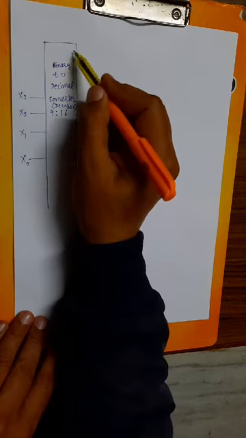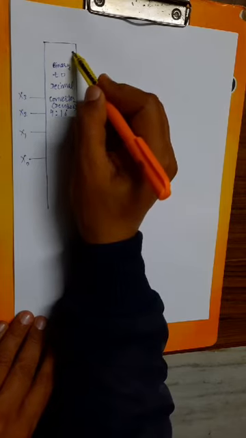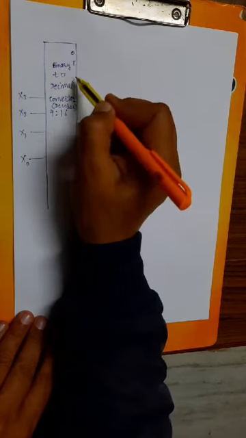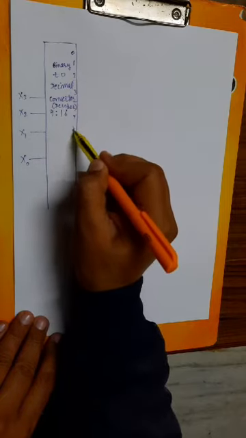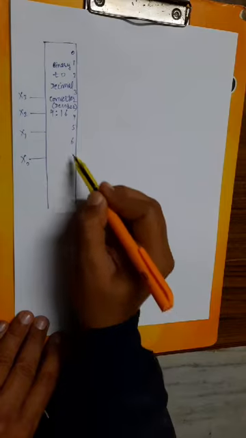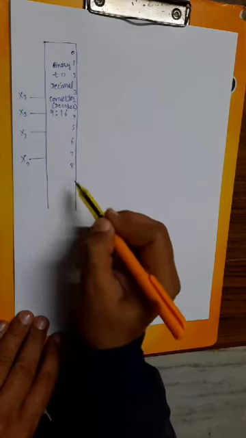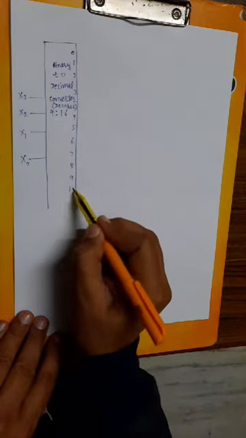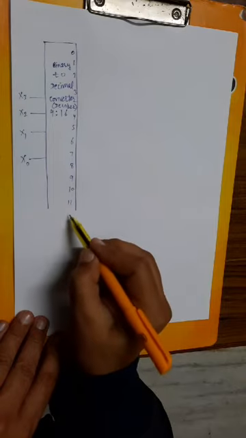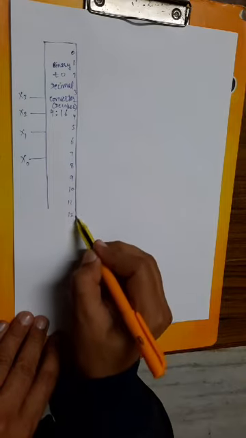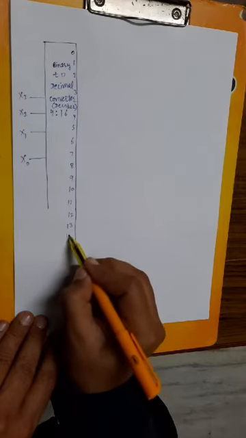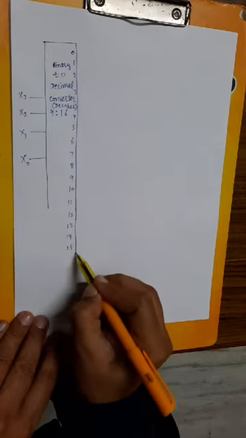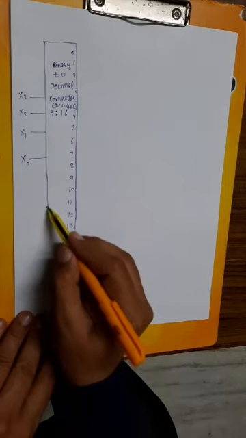We write as a decimal equivalent as 0, 1, 2, 3, 4, 5, 6, 7, 8, 9, 10, 11, 12. We extend this block as 13, 14, 15, 0 to 15, it means 16.